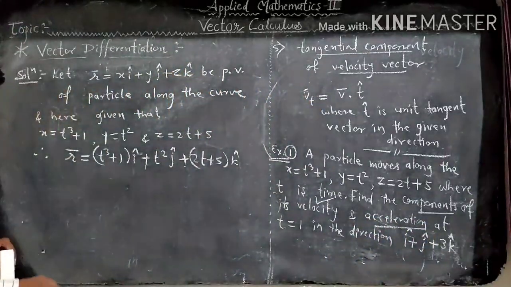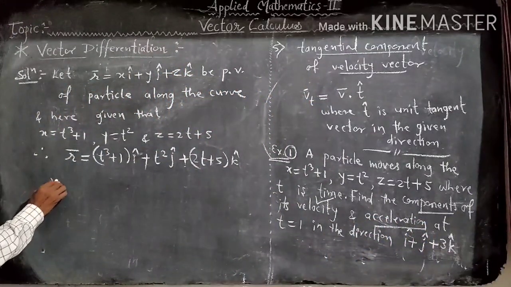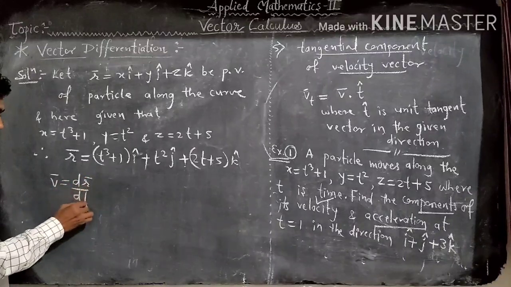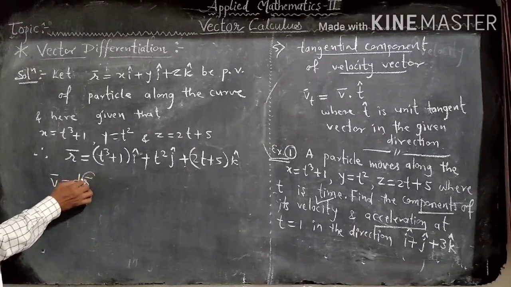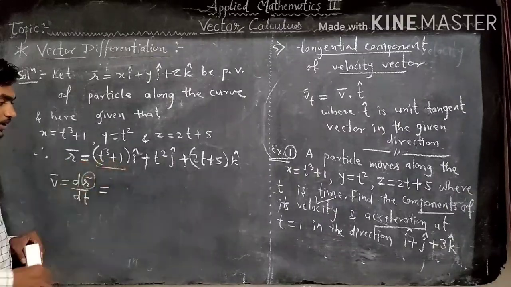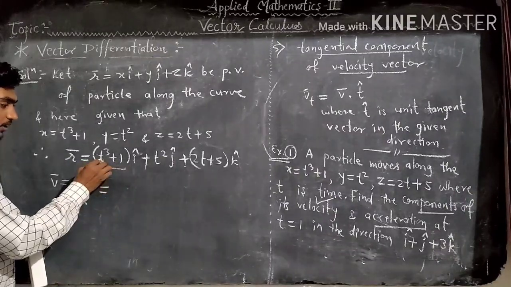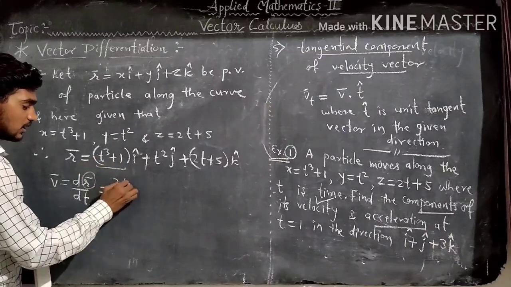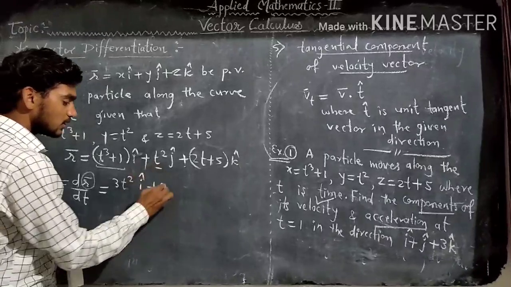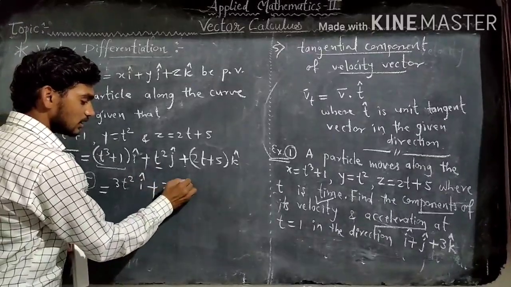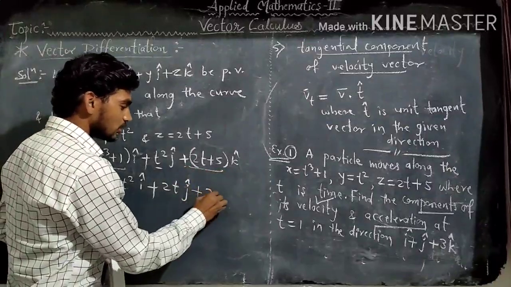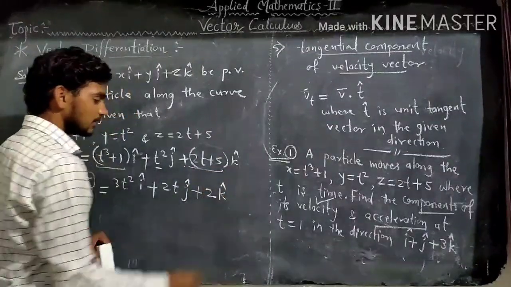So let us find the velocity vector v here. So what is velocity vector? It is simply dr by dt, that is derivative of vector r. So it is equal to derivative of each coefficient: derivative of t cube plus 1, that is 3t square into i, plus derivative of t square, 2t j, plus derivative of 2t plus 5, so it is 2 k as it is.